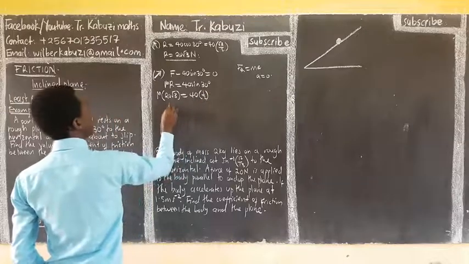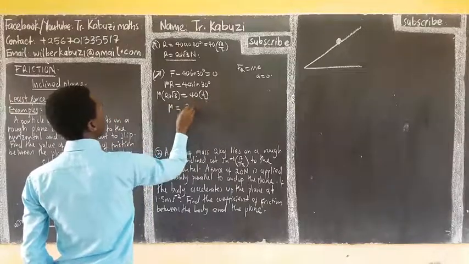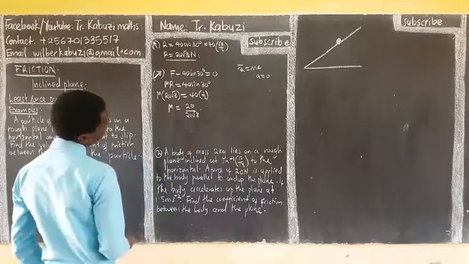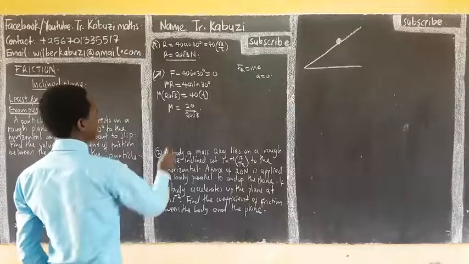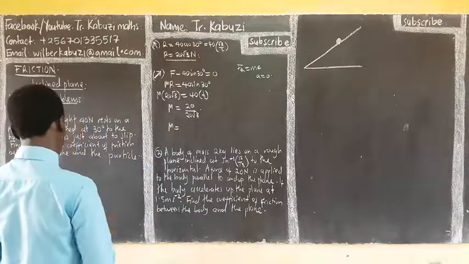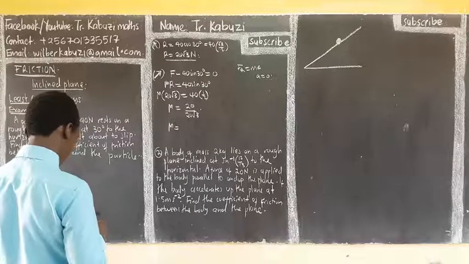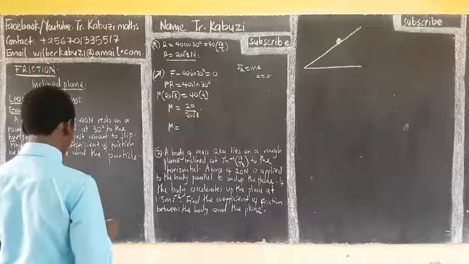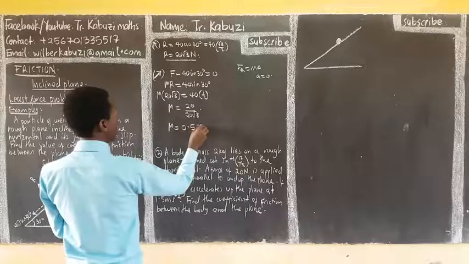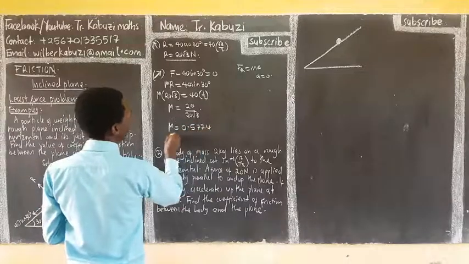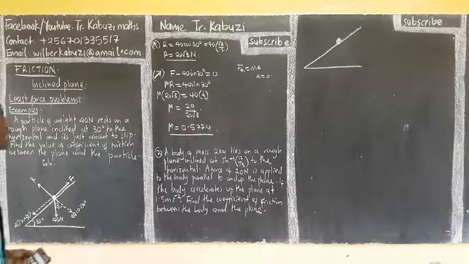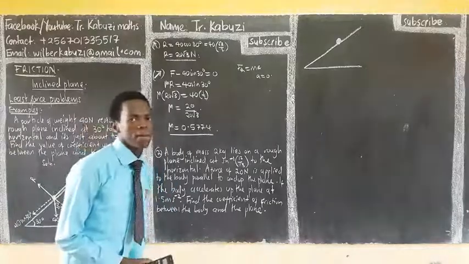So our mu is going to be 20 over 20 root 3. After simplifying, our mu is 1 over root 3, which is 0.5774. We don't have units there, and so we've got it. These are very easy questions to handle.